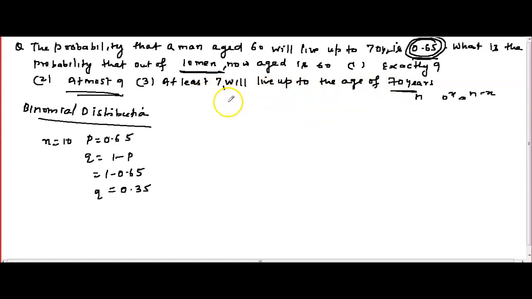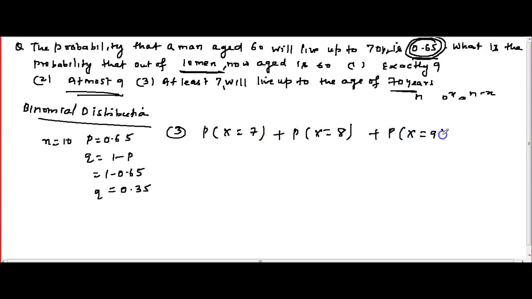So at least 7. So probability of X equal to 7, or 8, or 9, or 10, because up to 10 men are there, that's why. At least means equal to and greater. So for 7, which formula do you put?